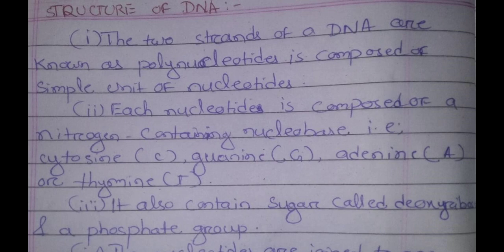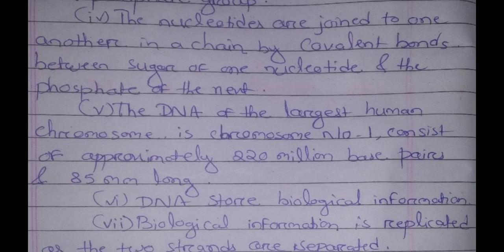Each nucleotide is composed of a nitrogen-containing nucleobase, that is cytosine, guanine, adenine and thymine. It also contains a sugar called deoxyribose and a phosphate group. The nucleotides are joined to one another in a chain by a covalent bond between the sugar of one nucleotide and the phosphate of the next.